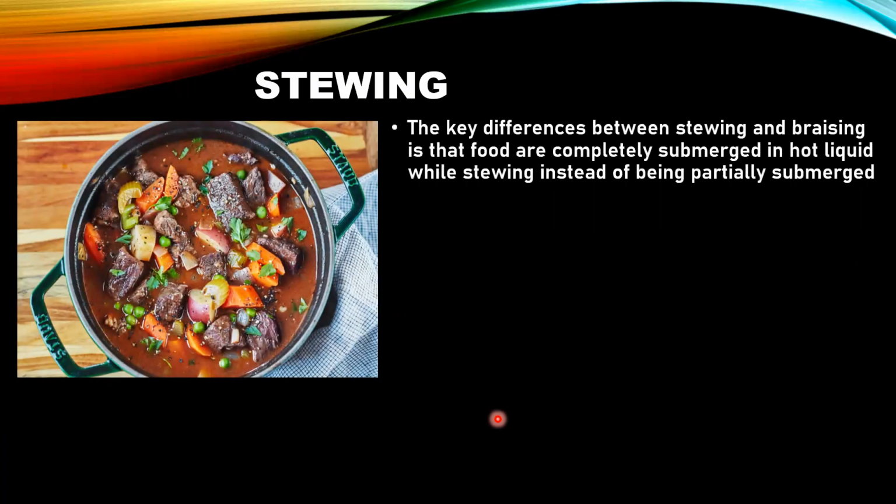We have stewing as a combination method of cooking. The key difference between stewing and braising is that in stewing, food is completely submerged in hot liquid, instead of being partially submerged, and smaller cuts of meat are used.